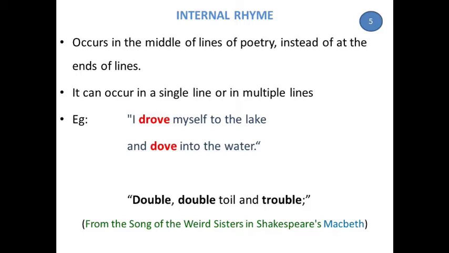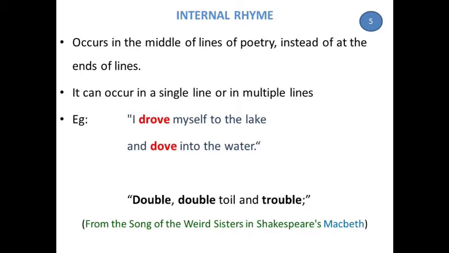An example of internal rhyme would be, I drove myself to the lake and dove into the water. Here the words in bold are the rhyming words which occur not in a single line but in multiple lines.